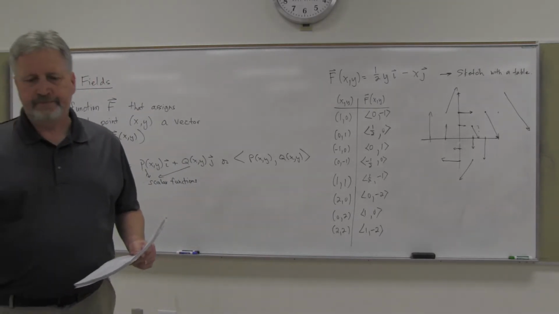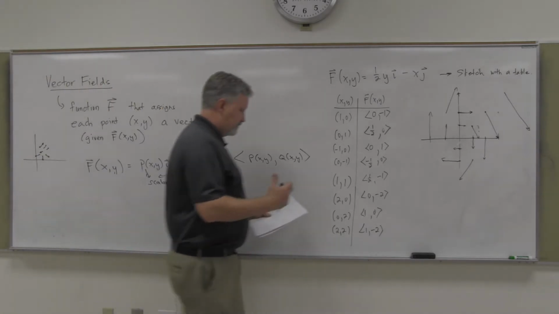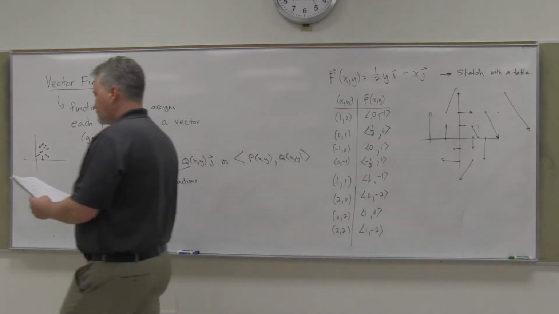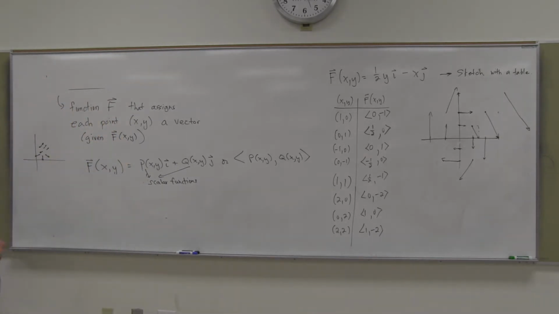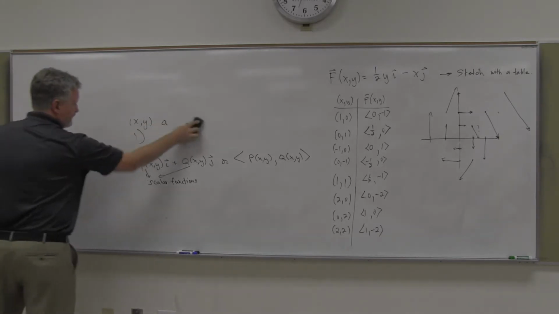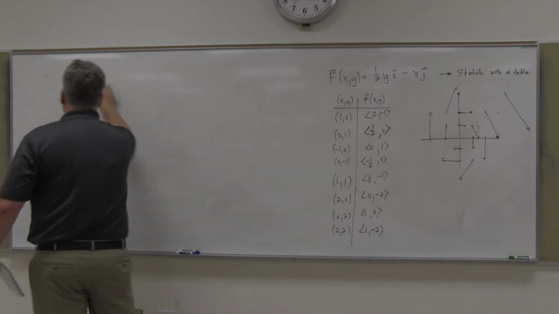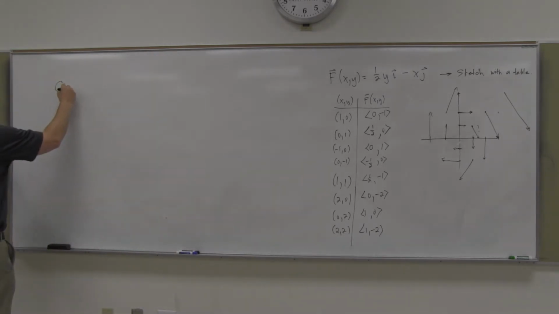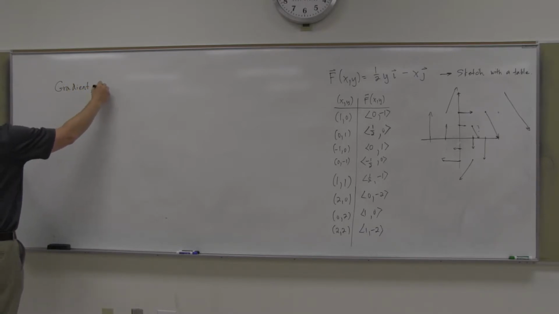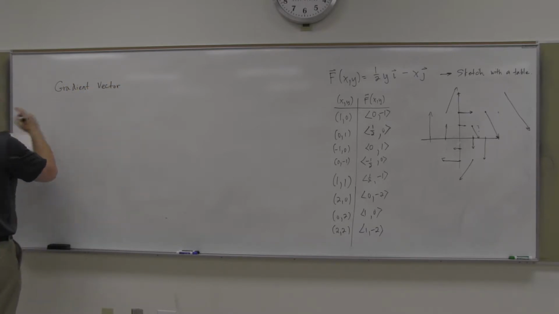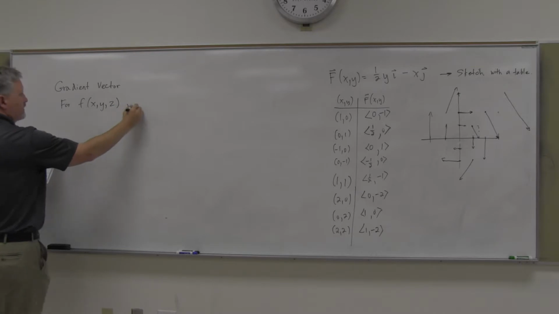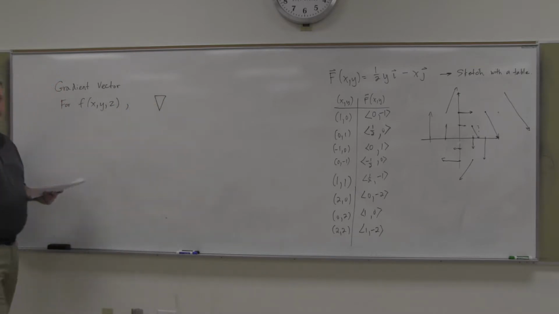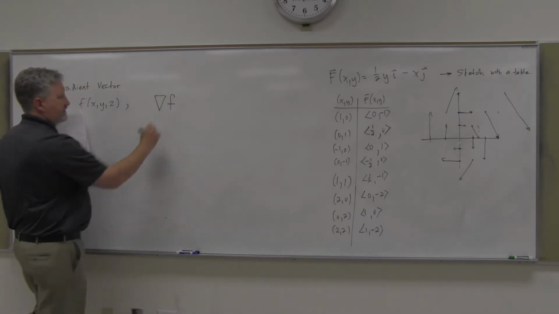Now, one other point to this, okay? Recall gradient vectors. Remember the gradient vector, what it was? So recall with me the gradient vector. If we had a function of 3 variables, x, y, z, the gradient vector, which we use the upside down triangle, gradient f.